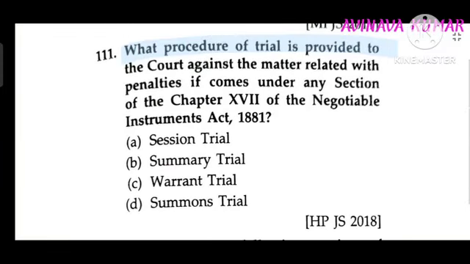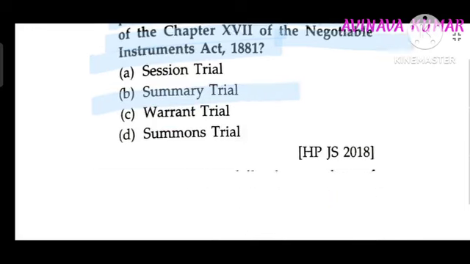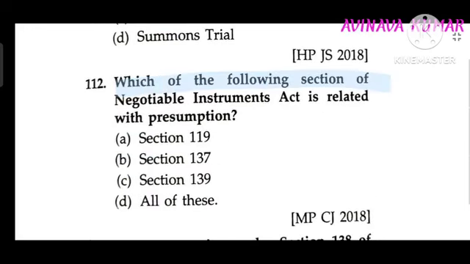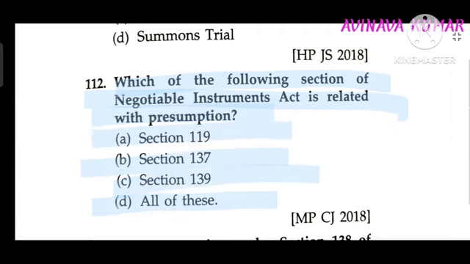What procedure of trial is provided to the court for matters related to penalties that come under chapter 17 of NIA? Summary trial. Which one of the following sections of NIA relates to presumption? D. All of these: 119, 137, 138.